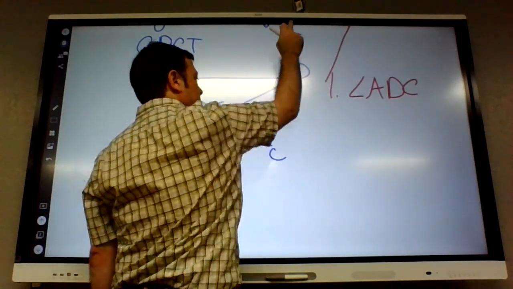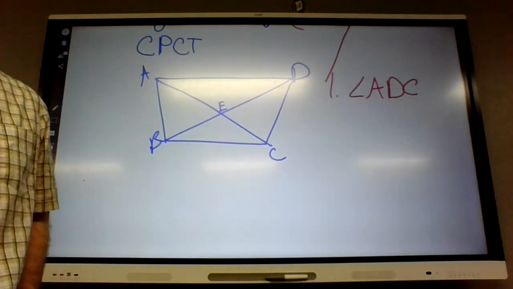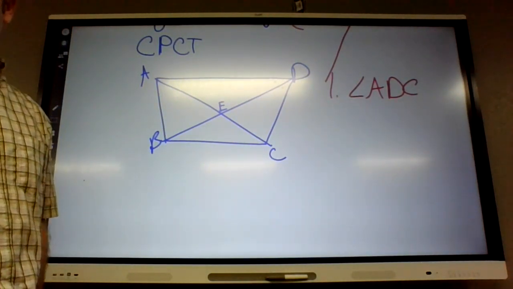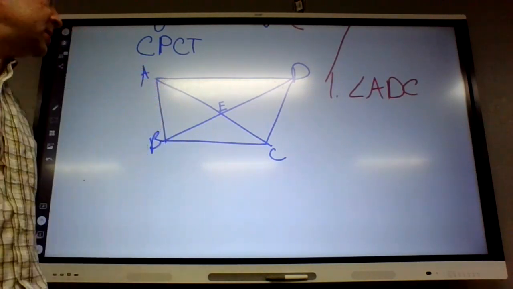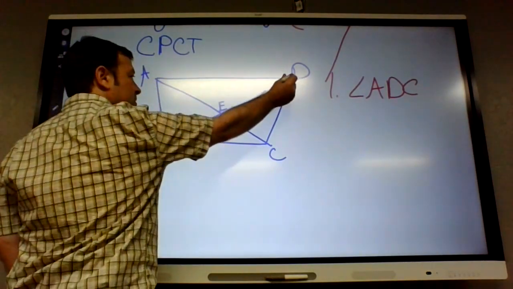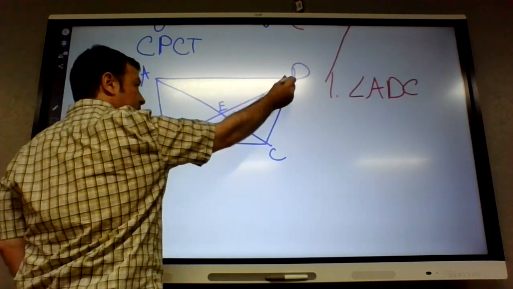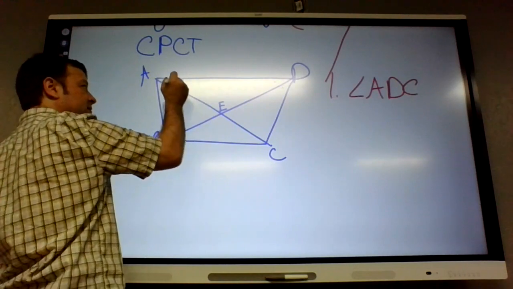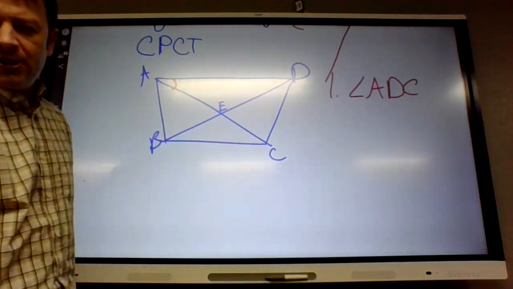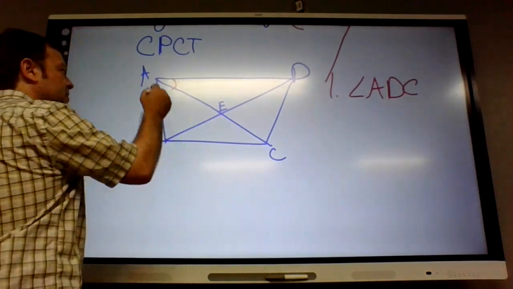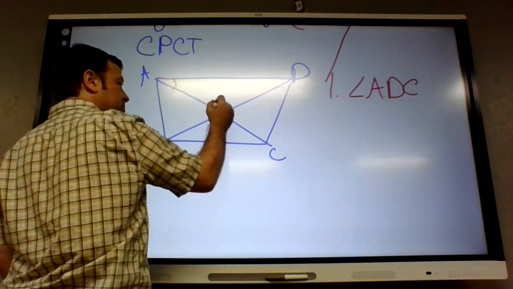Number 3 says name the included side between angle DAE and AED. The way you find the angle is you draw angle DAE right there, and angle AED would be this one right here.